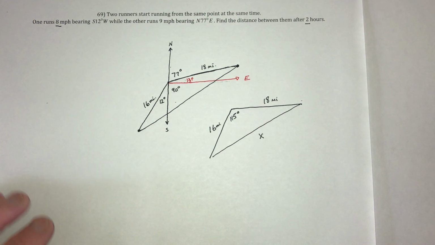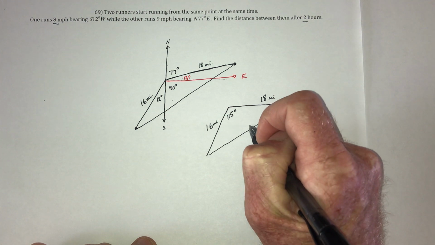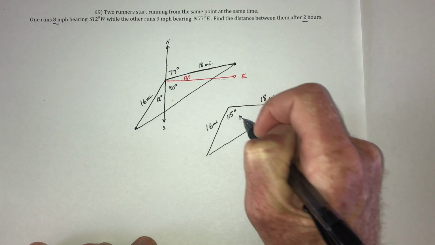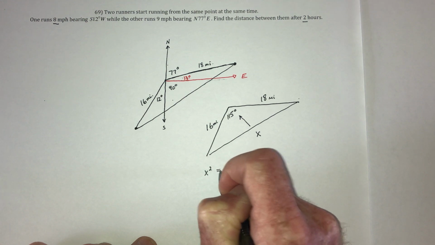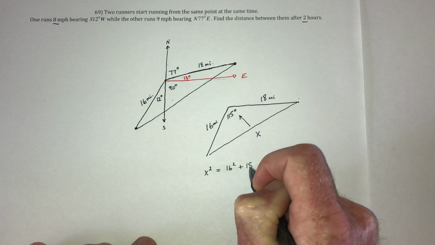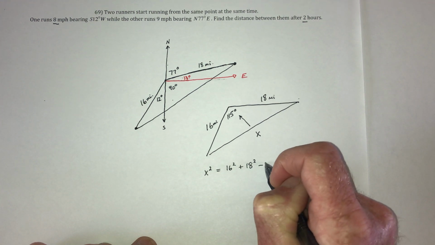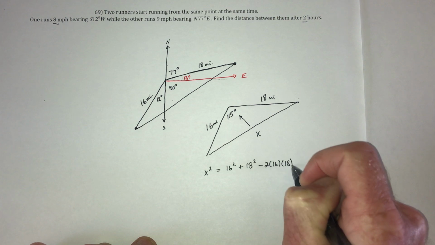All right, now we could do the law of cosines. So now we have the angle across from the x, so it starts with x squared equals 16 squared plus 18 squared minus 2 times 16 times 18.